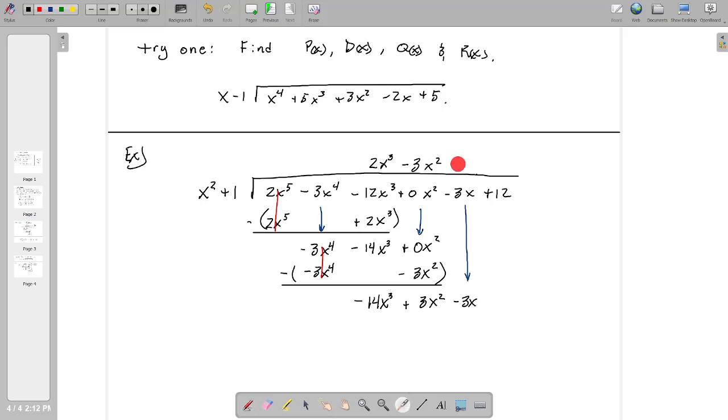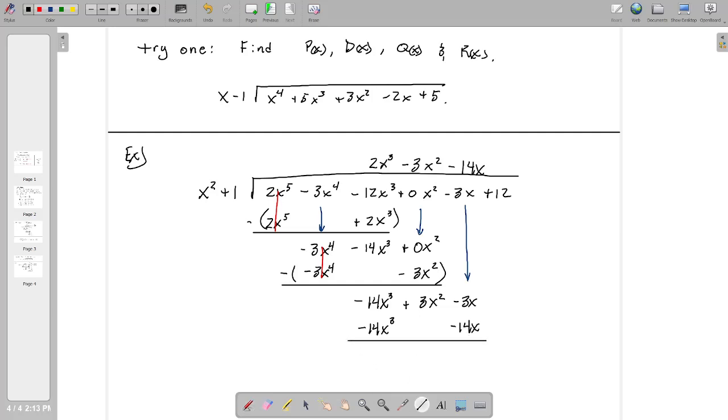So the next thing that we're looking for is something that multiplies by x squared to give us negative 14x cubed. And we should see the pattern by now. This should just be negative 14x. Negative 14x times x squared gives us a negative 14x cubed. Negative 14x times 1 is a negative 14x.